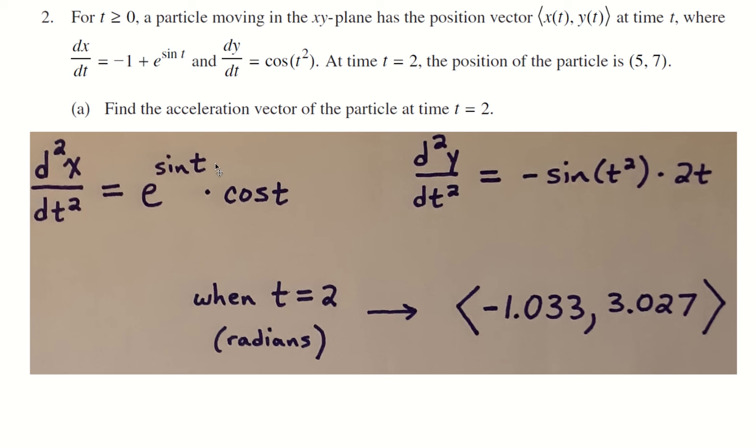So I took the derivative of what was given here, and then whatever you get, if you plug in 2 radians, this is what you get. And so that's the answer for the acceleration vector.